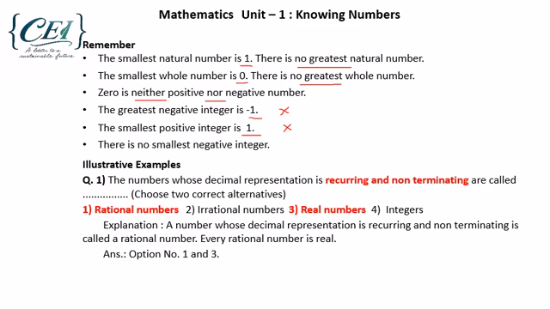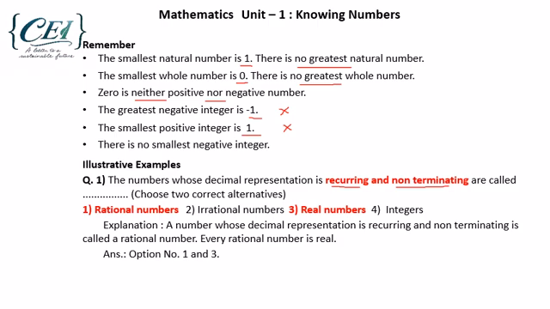Now let us start solving a few of the examples. The number whose decimal representation is recurring and non-terminating. If it is non-terminating, it can be a rational number or an irrational number. But what they have mentioned is recurring.